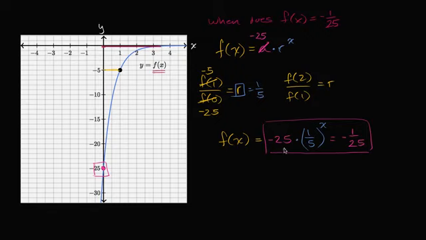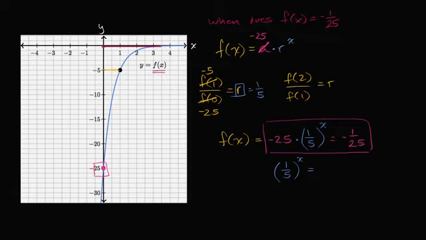We want to solve for x, so let's divide both sides by negative 25. And so we are going to get 1/5 to the x power is equal to, if we divide both sides by negative 25, this negative 25 is going to go away. And on the right-hand side, dividing negative by negative is going to be positive.